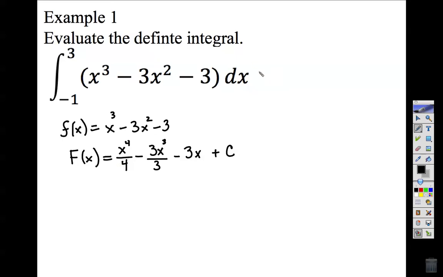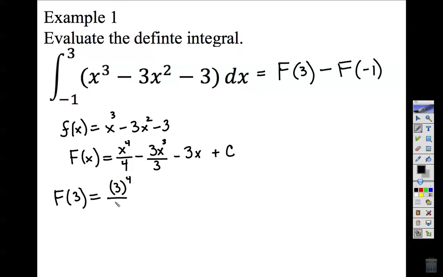The FTC tells us that this is going to equal F of 3 minus capital F of negative 1. This constant can be any number. If I'm going to substitute this 3 in here to find F of 3, that is going to be 3 raised to the 4th power, divide that by 4, minus 3 divided by 3 will reduce each other out.